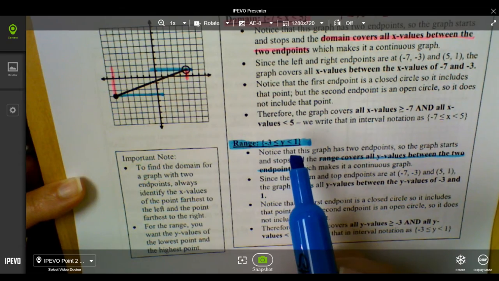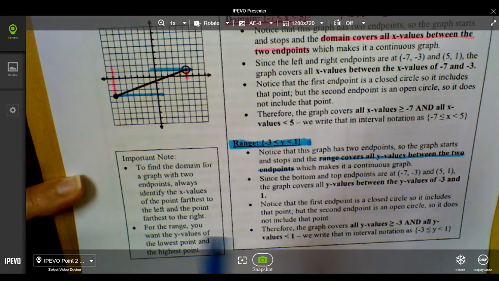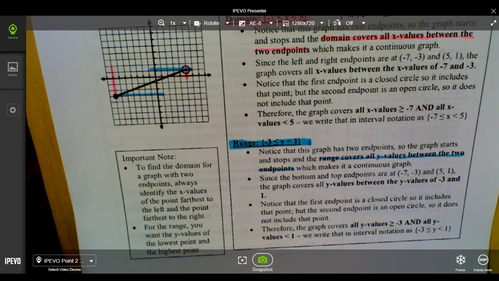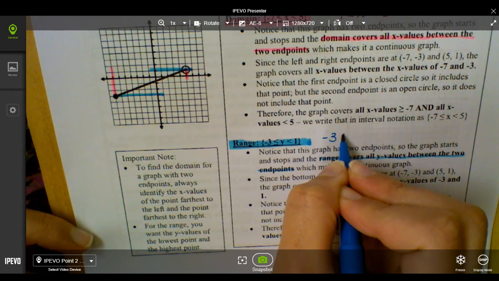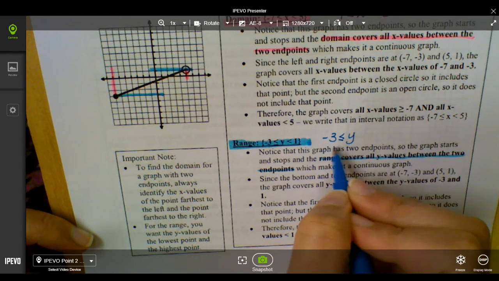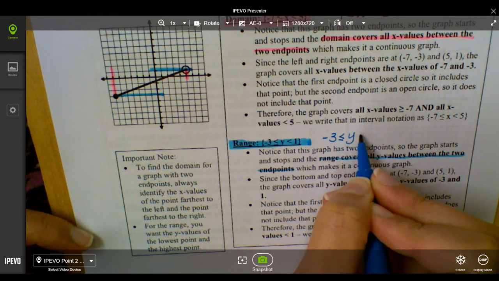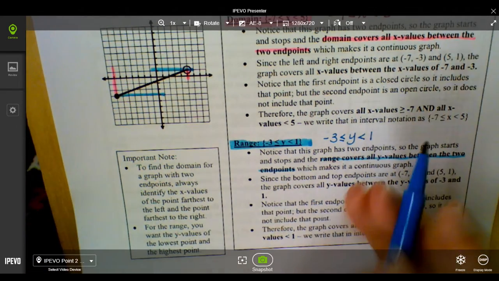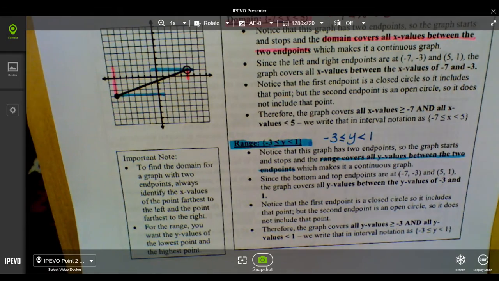And since this dot is open again, this one does not have a less than or equal to underneath it. So it can be exactly -3. So y can be greater than or equal to -3, but it cannot be exactly 1. So that's what the line versus no line is for, the open and closed circles.